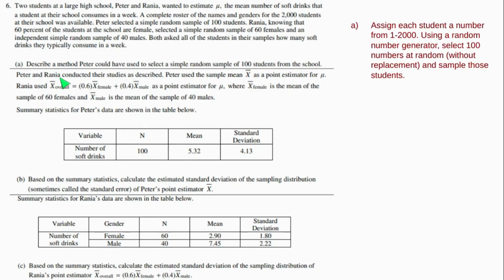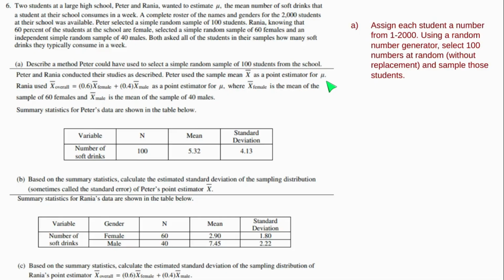Peter and Renia conducted their studies as described. Peter used the sample mean x bar as a point estimator for mu. Makes sense. Renia used x bar overall equals 60% x bar female plus 40% x bar male as a point estimator for mu.